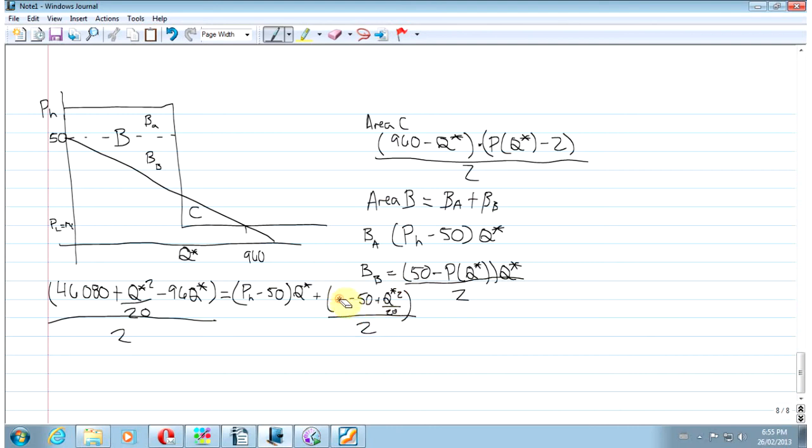So these 50s are going to cancel out, and some of you may have noticed that I didn't write times Q star. Technically, I should have. I'm going to go ahead and multiply everything by 2, because I don't like denominators. They make me angry.